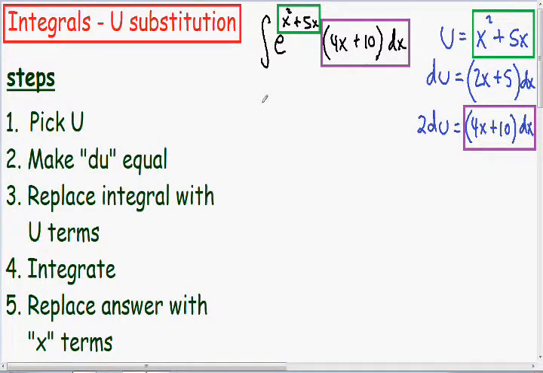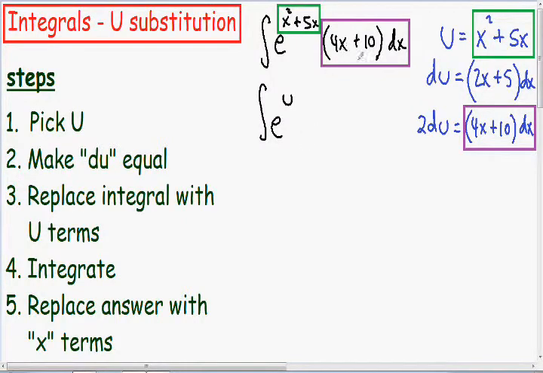So now let's move on to step number 3 and replace our integral with all our u terms. Since x squared plus 5x is equal to u, I'm going to replace the exponent on top of the e, the x squared plus 5x, with a u.